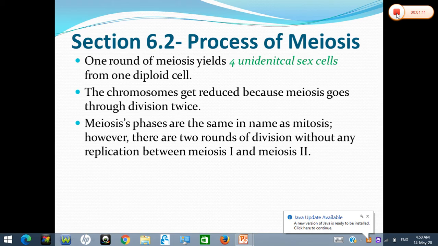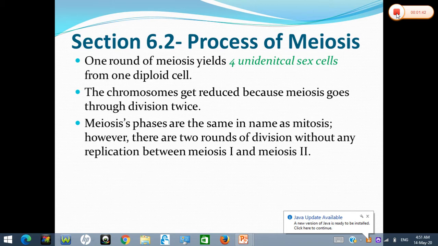Mitosis occurs in body cells or somatic cells because it produces identical cells, while meiosis occurs in sex cells because it produces non-identical cells. And we know that somatic cells or body cells are diploid, which means they contain the total number of chromosomes.